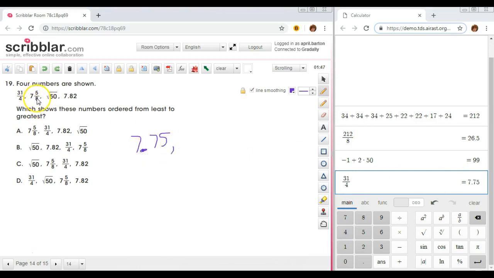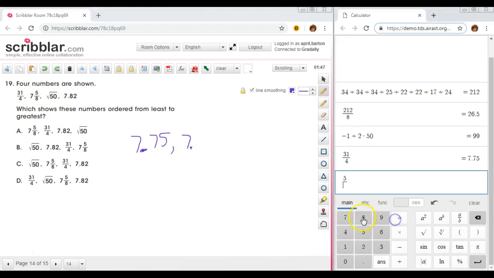For 7 and 5/8, we only really need the 5/8 part. We already know it's 7 point something. If we do 5/8 in the calculator, that gives us 0.625, so this is 7.625. Square root of 50, we're going to use the check mark button.